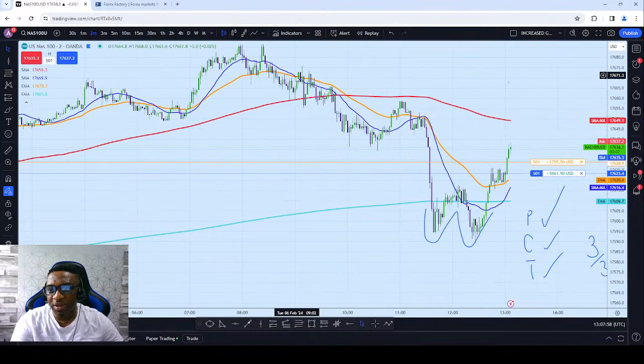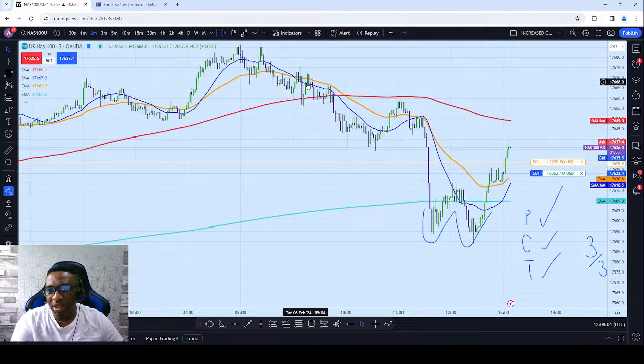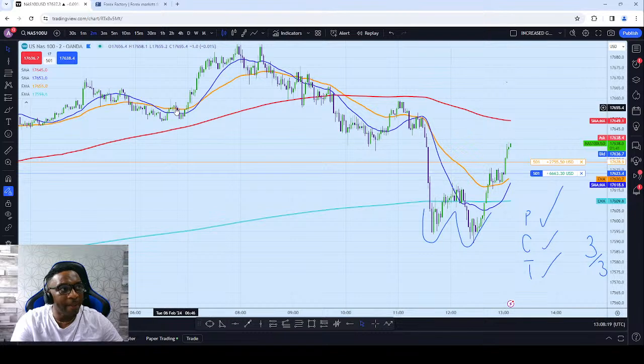Sometimes you can see how price was behaving here in the morning. If you are not careful, you might think it's going up, even though price came from a narrow state here to the wide state at this level.